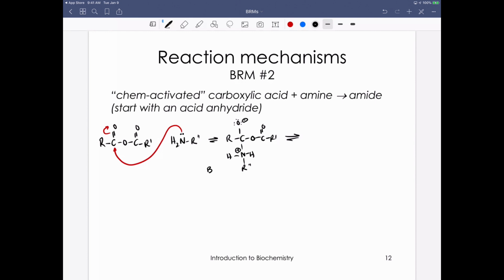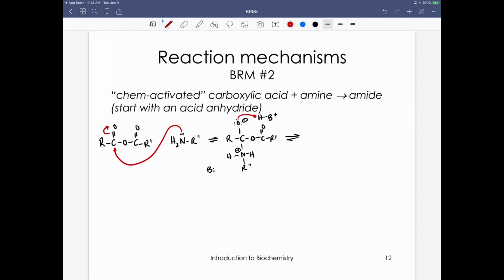And so we're going to show again a base, and we generate base just with a B with a semicolon to indicate the lone pair on that basic atom. And what we're going to actually show up here as well is a protonation of that oxygen atom on the tetrahedral intermediate.